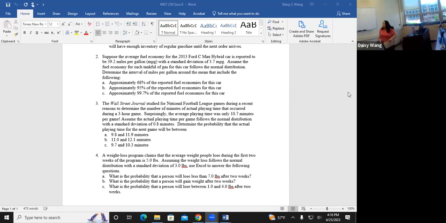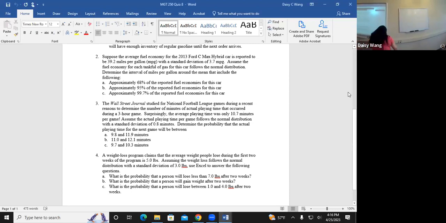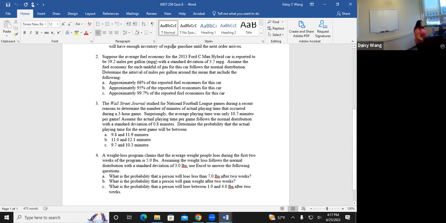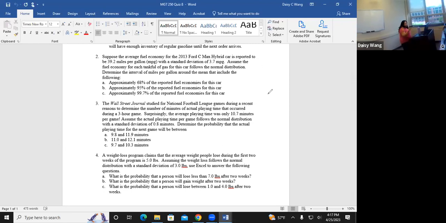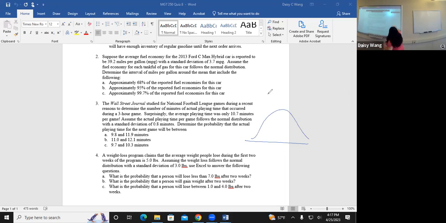So I just draw this. I personally like to draw, because whenever I draw something out, it helps me understand. So the average actual playing time is 10.7.